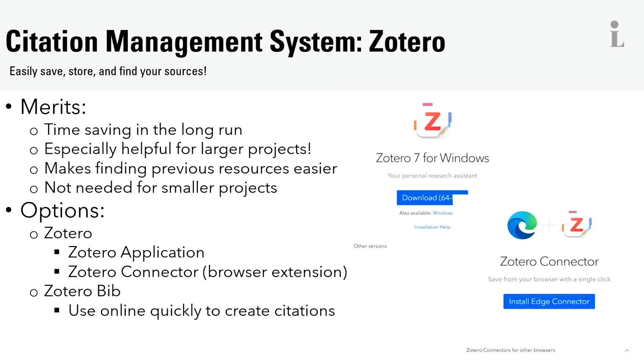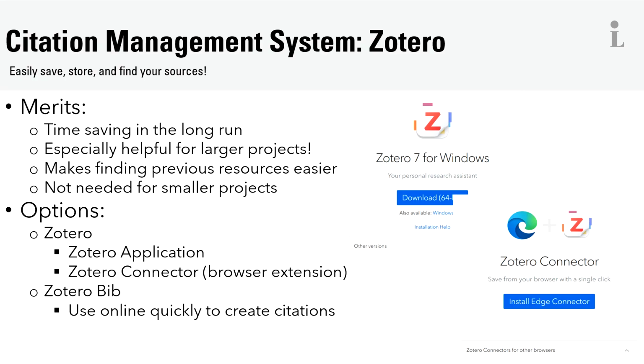But if you're working on a much larger project, or multiple projects, where the amount of PDFs or resources that you're dealing with is pushing 30, 50, 100, that folder on your desktop is probably going to get a lot more confusing and might not be the best.